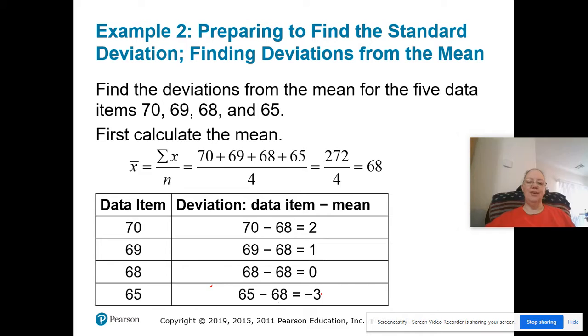So while this is technically -3 years away, we don't want that negative to mess up our process, because we're really trying to figure out that it's 3 units away, not necessarily that it's -3 units away. So for deviation from the mean, we're just going to subtract the two numbers. Find the mean and take the data item and subtract the mean. That is called deviation from the mean. That's the first step.